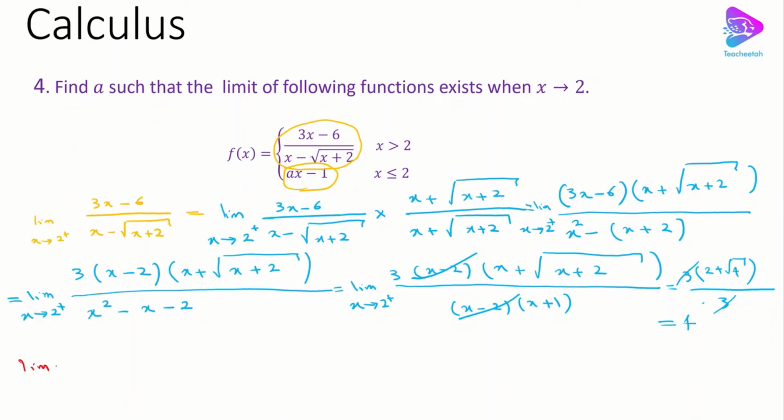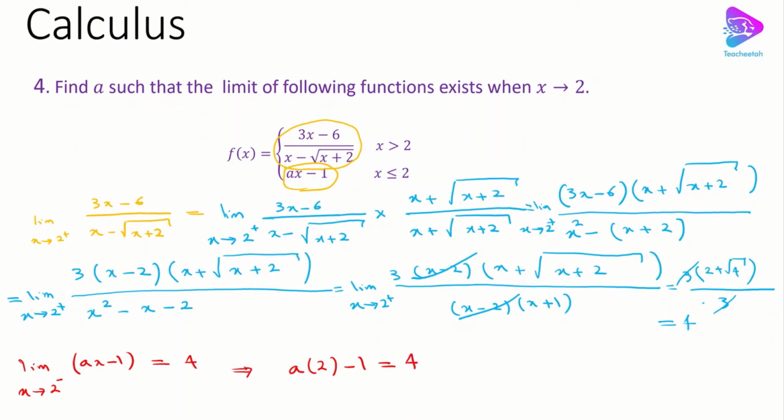The limit as x approaches 2 from the left side of ax minus 1 should be equal to 4 in order for this limit to exist. Now let's plug in 2 instead of x: a times 2 minus 1 equals 4.